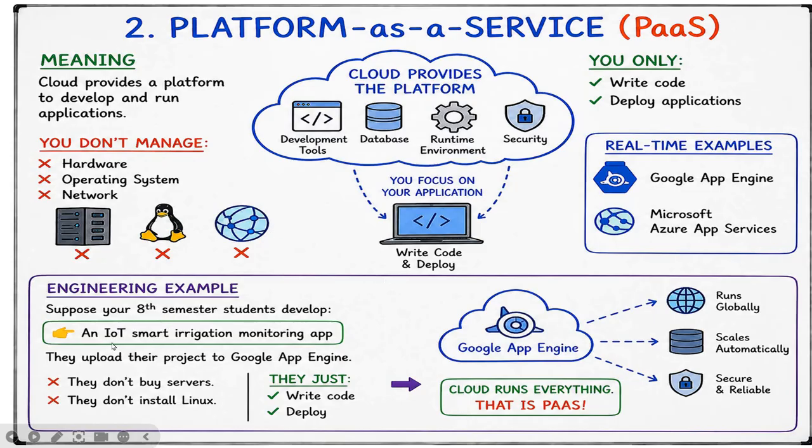So suppose 8th semester engineering students develop an IoT smart irrigation monitoring application. Now instead of purchasing servers or installing the Linux operating system, they simply upload their project to the Google App Engine. Now the cloud platform automatically handles the deployment, scaling, security and the global access, then the students only have to concentrate on the coding and deploying their project.